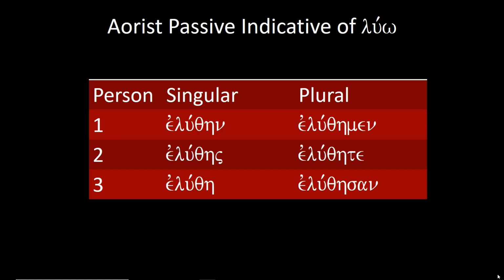So here's what it looks like, the aorist passive indicative of luo. We've got the augment on front, we've got theta eta in the middle, then we've got number two endings. Eleuthein, eleuthes, eleuthe, eleuthemen, eleuthete, eleutheson.